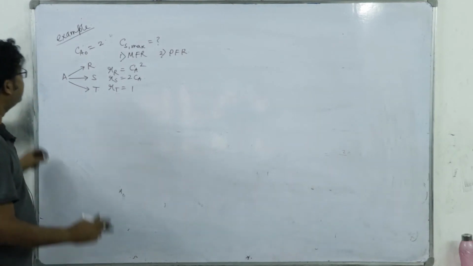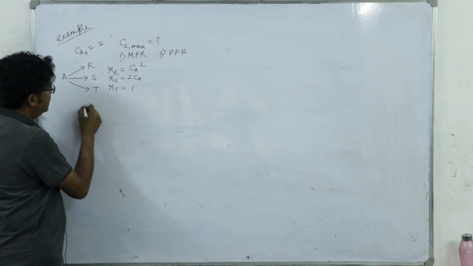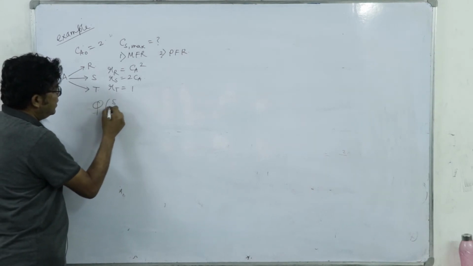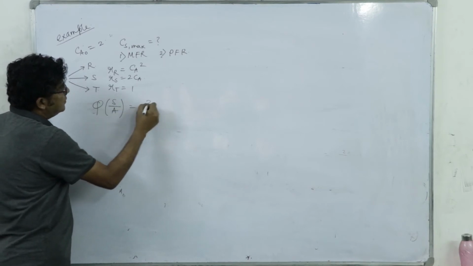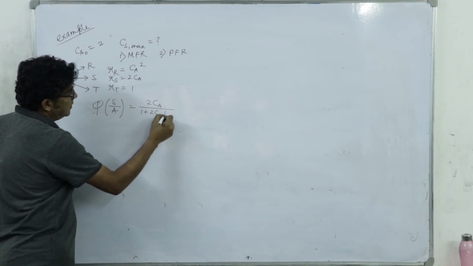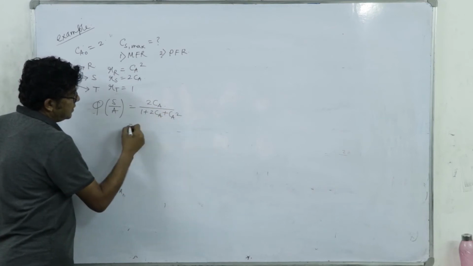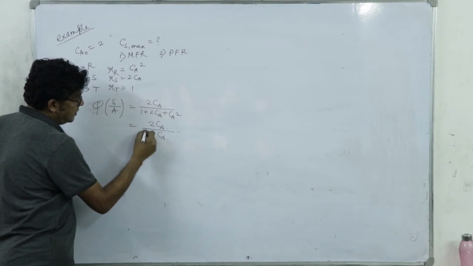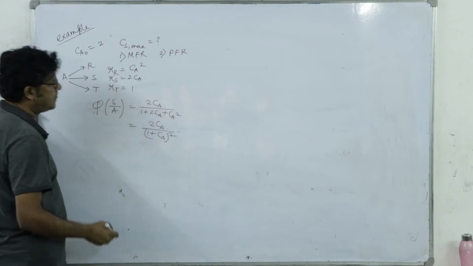So for MFR, first let us calculate phi of S/A, which is 2Ca divided by 1 plus 2Ca plus Ca square, giving you 2Ca divided by (1 plus Ca) whole square.